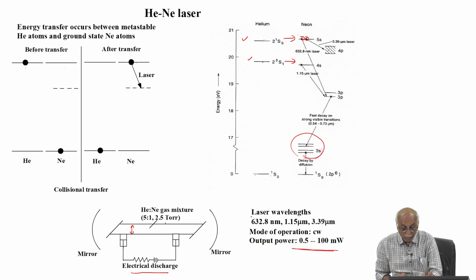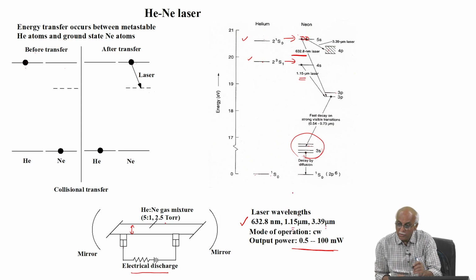But it allows laser output at a particular frequency, particularly green color 632.8 nanometer, sorry, not green, I am sorry, red color 632.8 nanometer. Red color output is possible to achieve. It also has some other wavelengths where it can provide output at different frequencies.